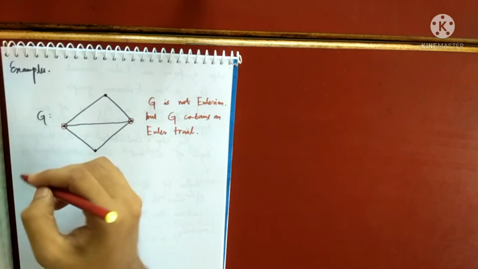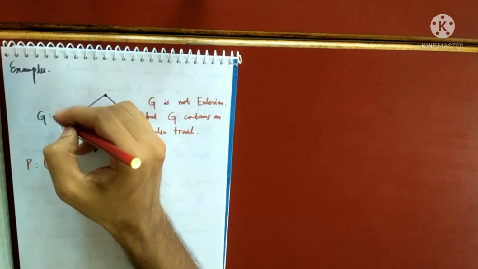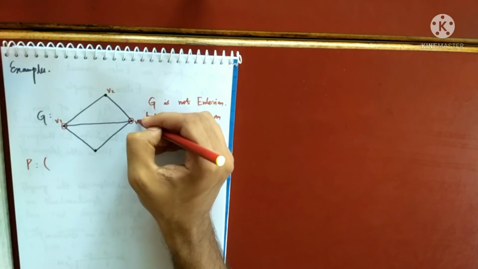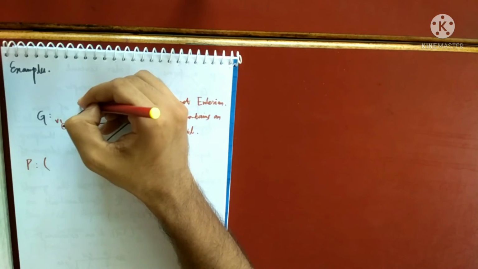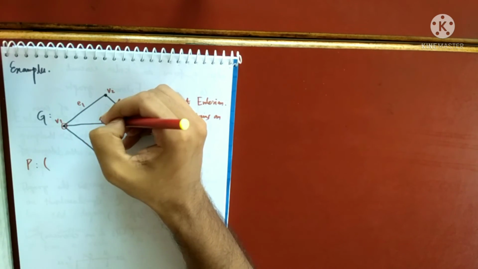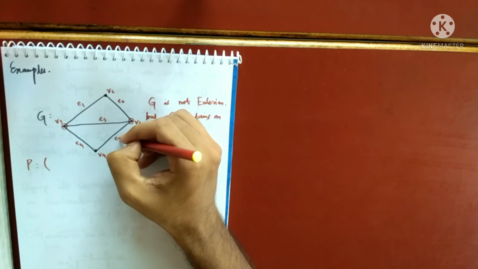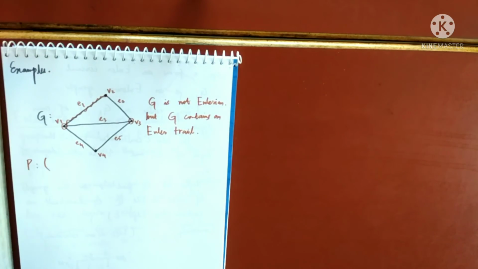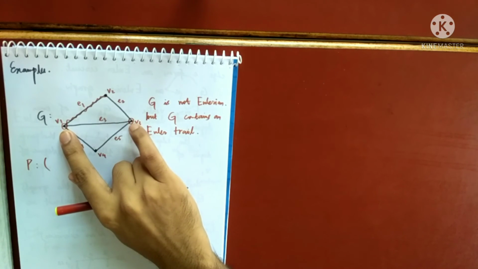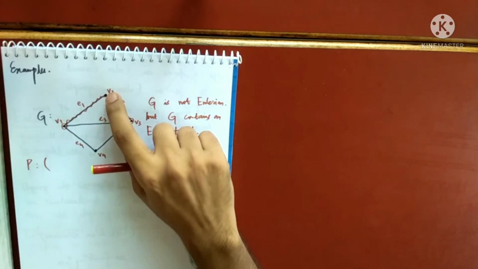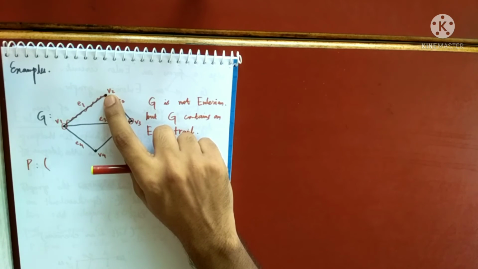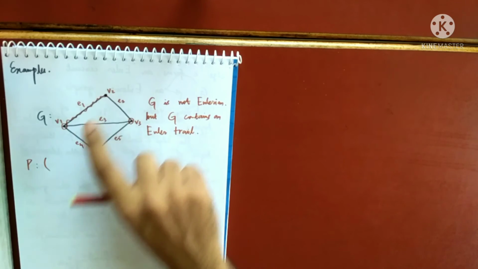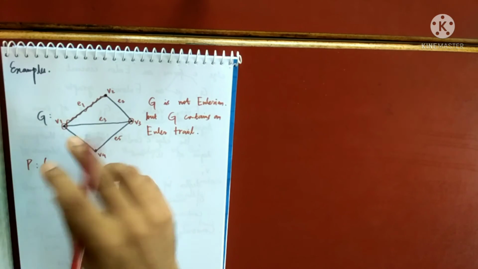So let's find an Euler trail. Let me call the vertices V1, V2, V3, V4 and the edges E1, E2, E3, E4, E5. So I'm starting from V1. Remember one thing, to find an Euler trail, you must always start from an odd degree vertex. You cannot find an Euler trail from V2. Never. You always start with the odd degree vertex, either V1 or V3.